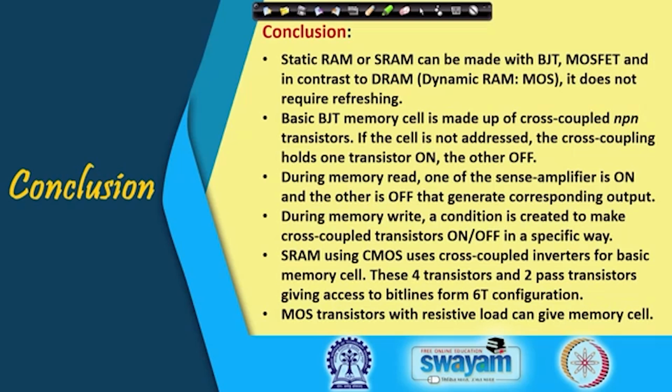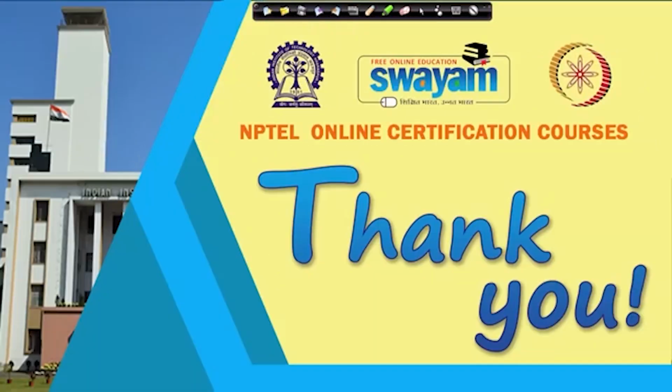And for BJT we have seen how the sense amplifiers and write amplifiers work. Similarly, we have seen in the CMOS and normal MOS the use of pass transistors for reading and writing operations. Okay. Thank you.